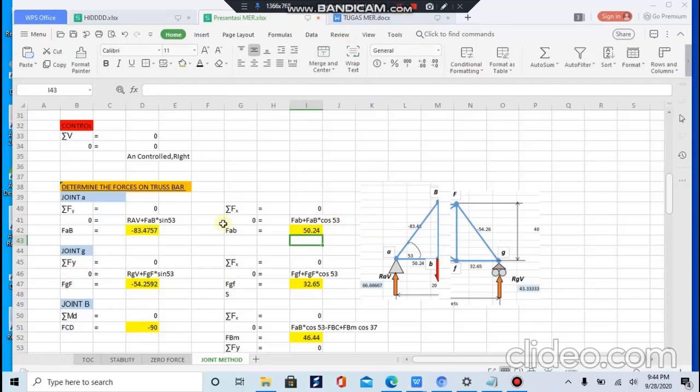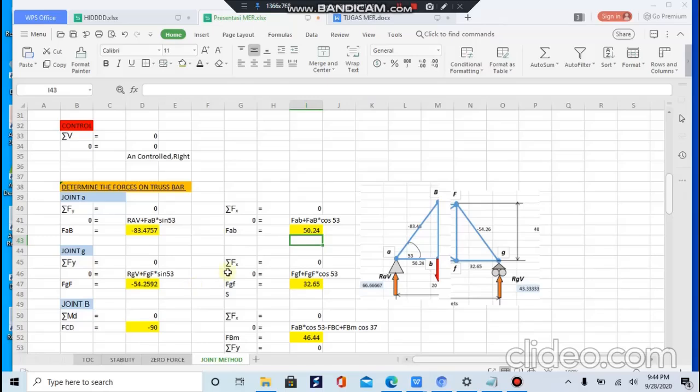For the joint G, sigma Fy is equal to 0. So 0 is RGV plus FGF times sinus 83. So FGF is equal to minus 54.2562592.